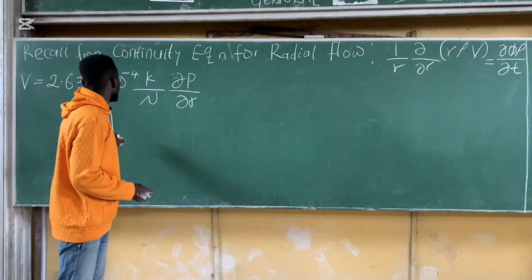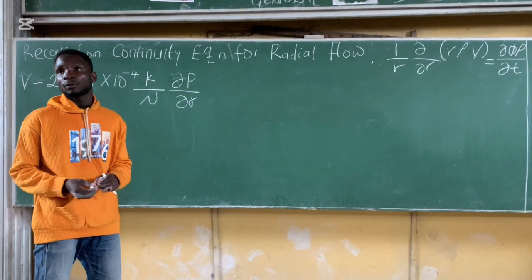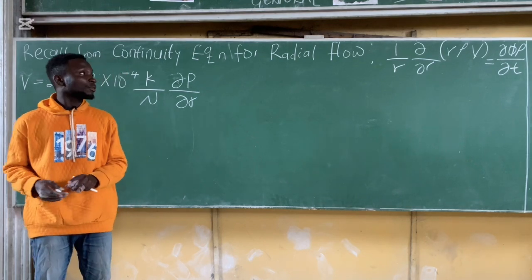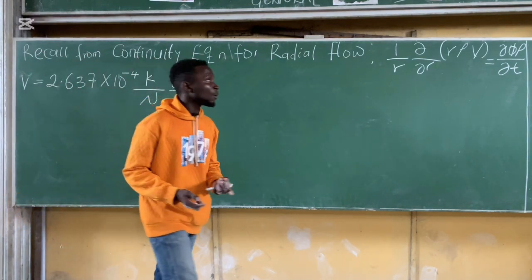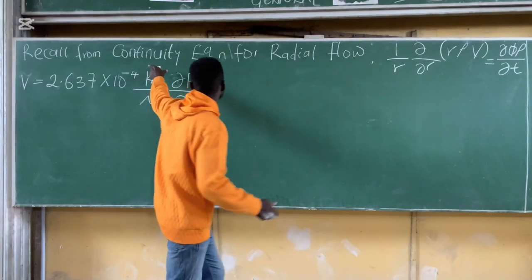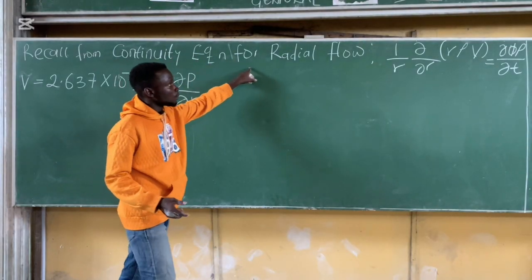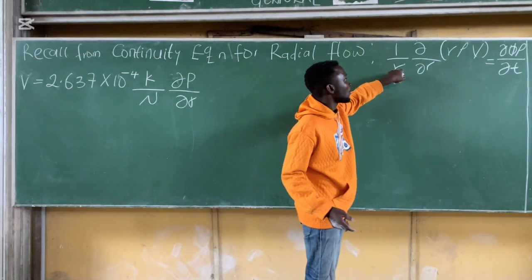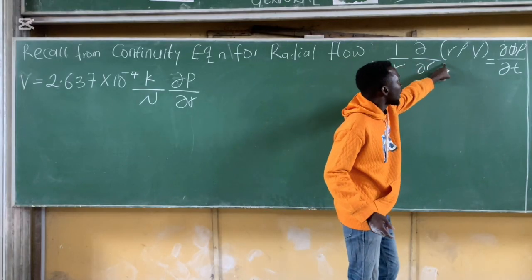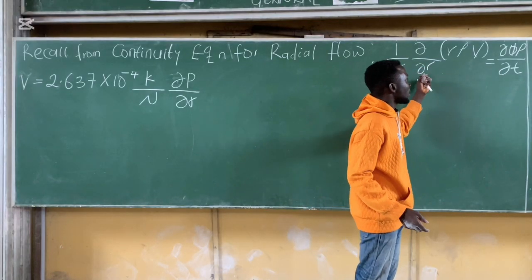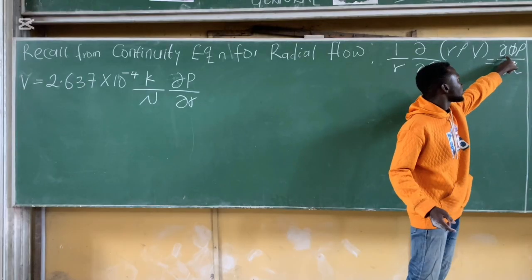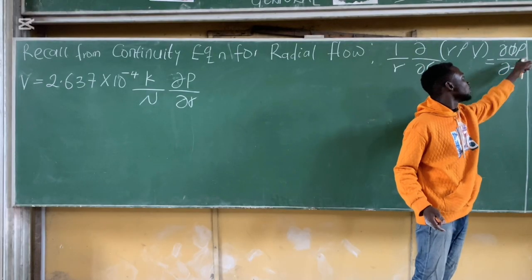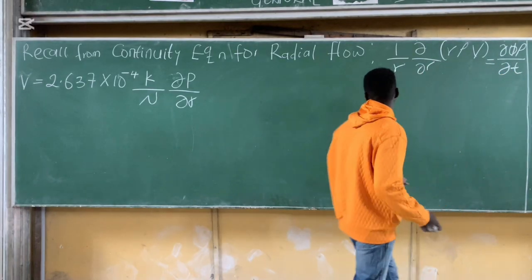So, for us to derive the radial flow diffusivity equation, first of all, we have to recall the continuity equation that we got from radial flow, which is 1 over r, d(rho r v) divided by dr, equal to d(phi rho) divided by dt.